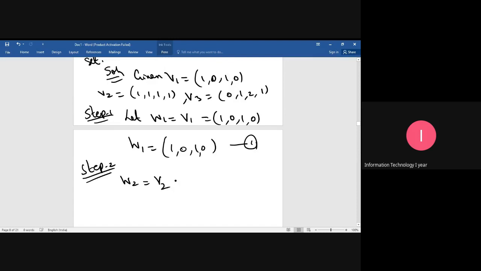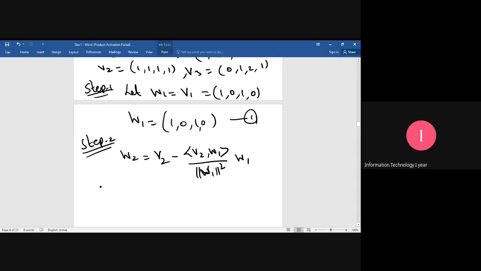The W2 formula says V2 minus inner product of V2, W1 by norm W1 square into W1. Okay, find out inner product of V2, W1. So inner product of V2, W1 is inner product of V2 vector, 1, 1, 1, 1, comma W1, which is 1, 0, 1, 0.